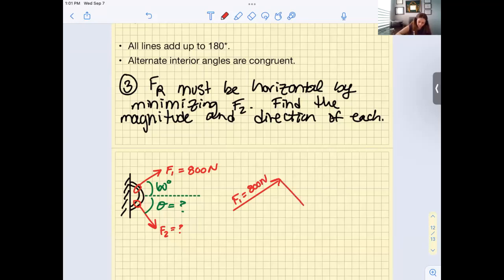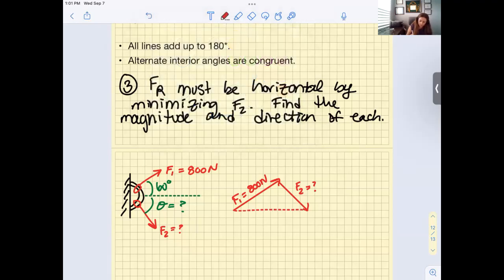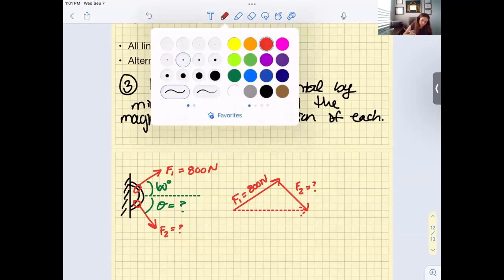Connect F2. And it did say that FR must be horizontal. So we know that the final answer, when you connect start to start and end to end, is going to be horizontal. So that was given.